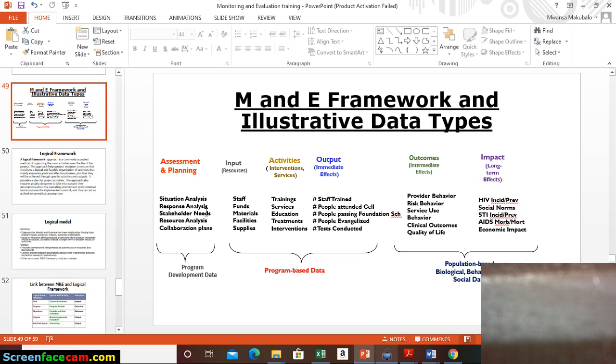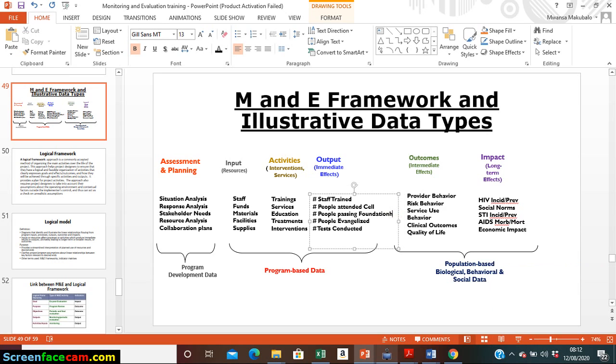So in the short term, an output is just a result. If you train staff, the output you expect is the number of staff trained. If you provide, for instance, a service, maybe it's the number of people receiving that service. Maybe the materials, the number of materials received. This is the kind of thing that we expect to see.